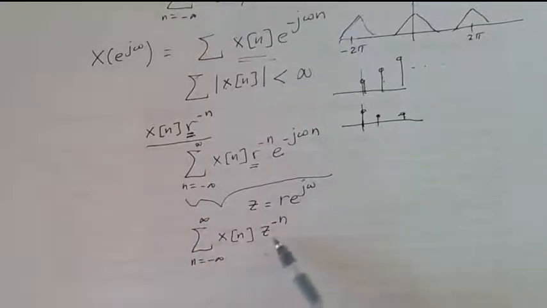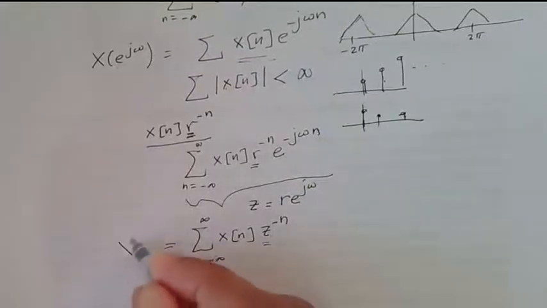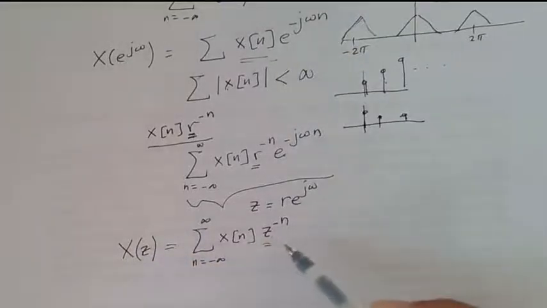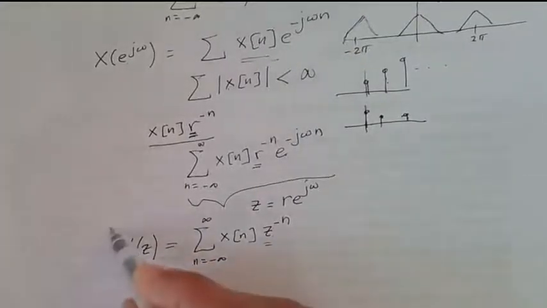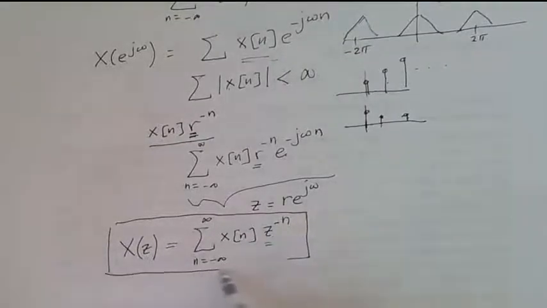And because now my variables are n and z, and I'm summing over n, n will disappear when I'm done with the summation, the only variable left is z, so this thing is x of z. Right? And this transform is called the z transform.